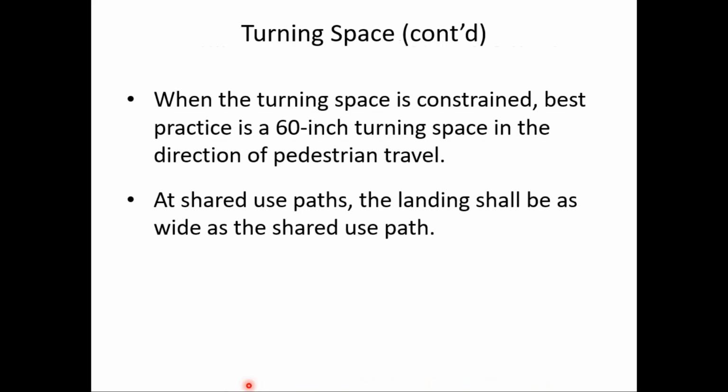When that turning space is constrained, meaning there's a curb, say at the back of the sidewalk, the best practice is to use a 60-inch turning space, but the requirement is 48 by 48, the minimum. But I'm sharing with you here the best practice if that turning space is constrained. And at shared use paths, the landing needs to be as wide as the shared use path.